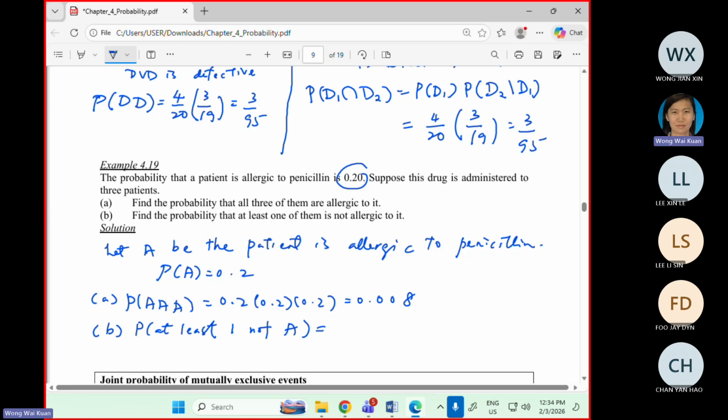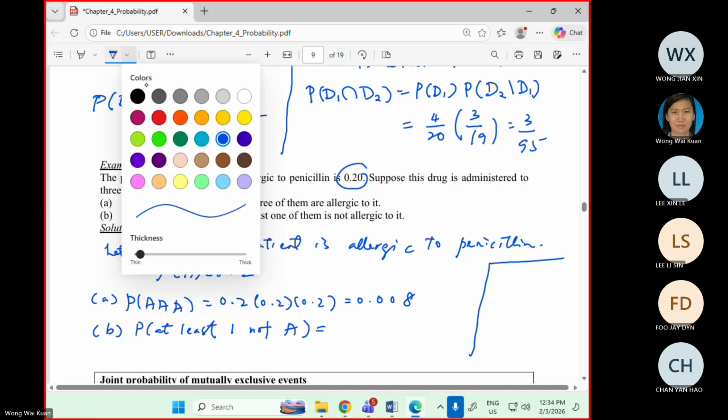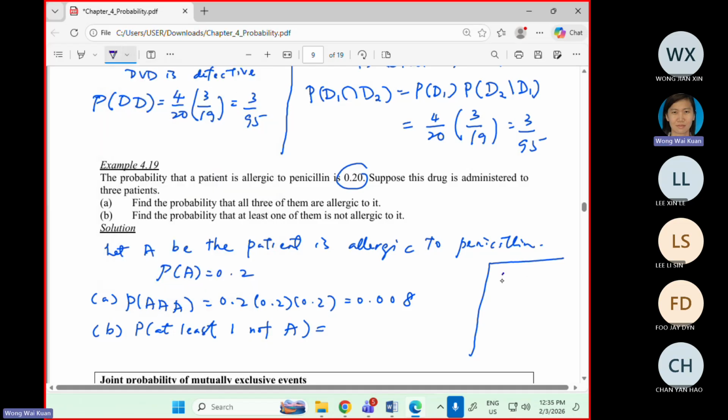So what is the complement? So that means I have one not A, or two not A's, or three not A's, right? So what is the other event that could happen?